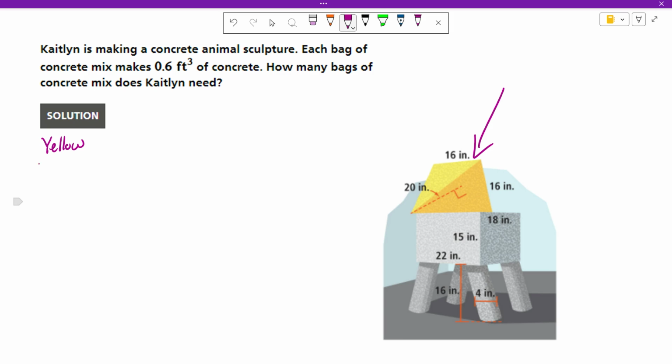So the yellow is a pyramid, which is 1/3 the area of the base times the height. So it's 1/3 times 16 squared times 20.